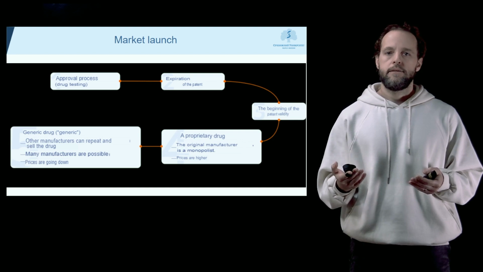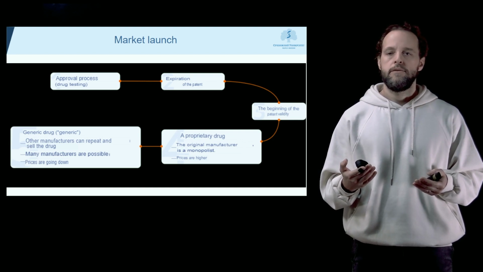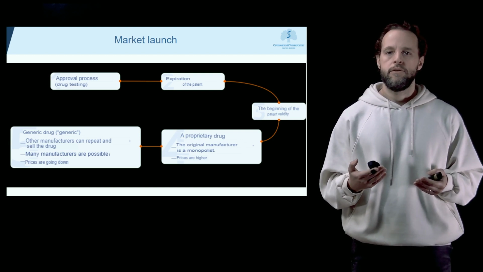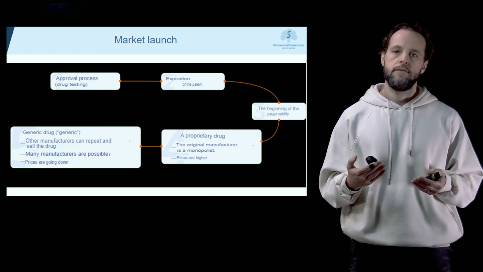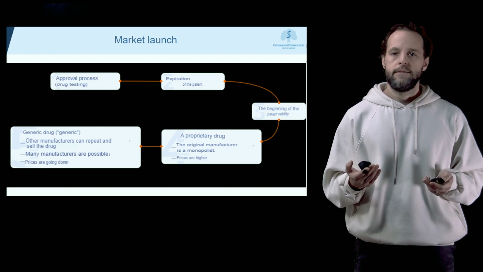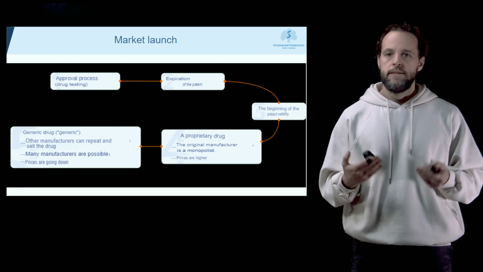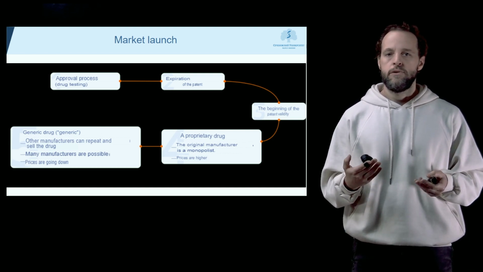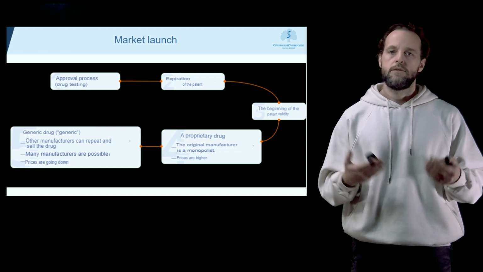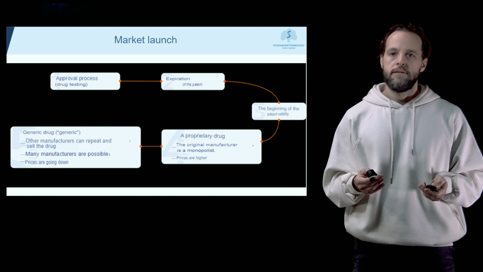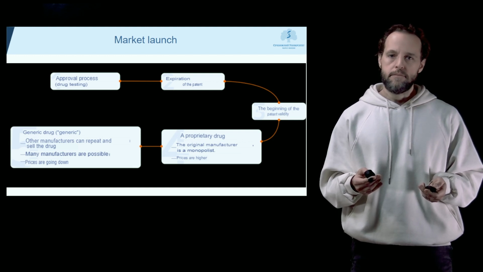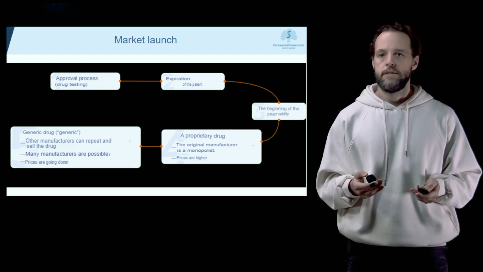Other generics enter the market, and this will increase the competition, and it will lead to lower drug prices, and these price changes are often noticeable. So for the patients, this price reduction could be several times lower than for the branded drug.